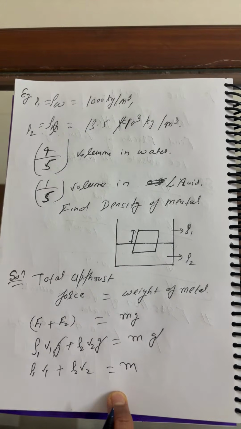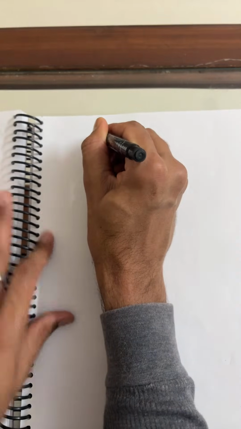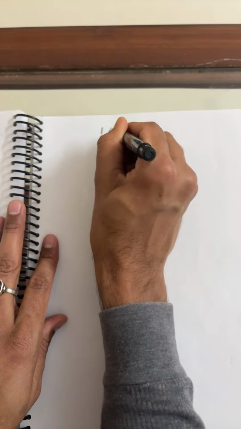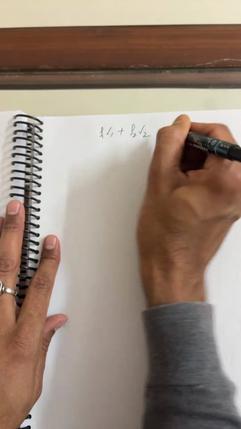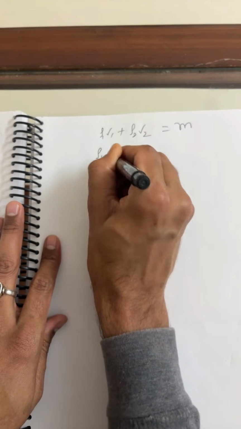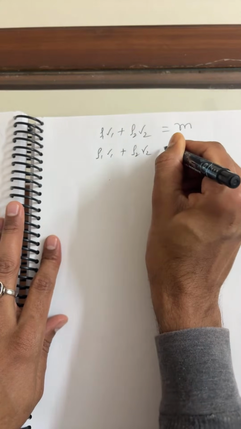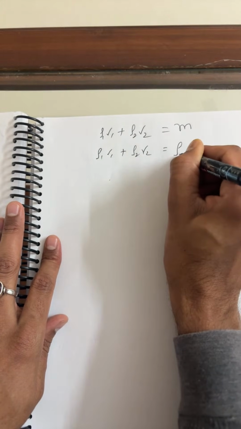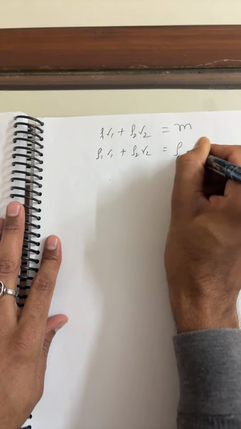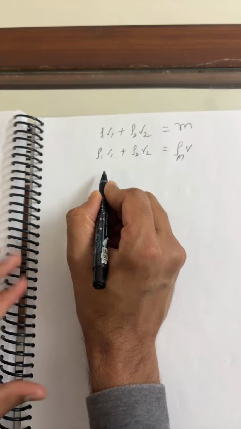Rho 1 g, this is rho 2 V2 g is equal to mass. Here I'll use the formula and continue the same calculations. Rho 1 V1 plus rho 2 V2 is equal to m. Rho 1 V1 g plus rho 2 V2 g is equal to the density of the material into V only, which is already mentioned here as 4V by 5.